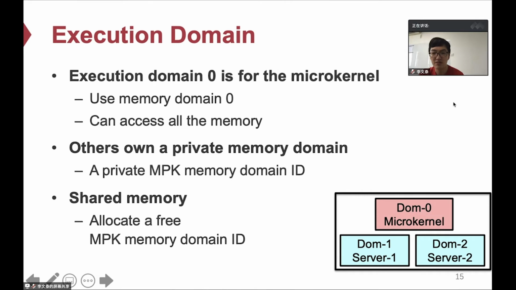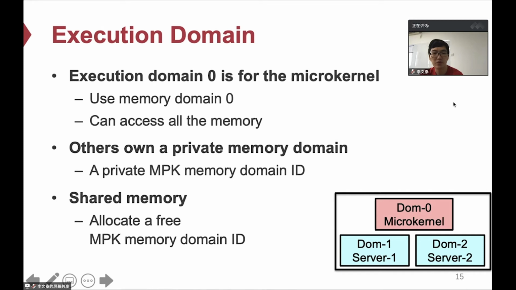A system server exclusively running in one execution domain stores its data, stack, and heap regions in its private memory domain, which cannot be accessed by other servers. UnderBridge ensures an execution domain can only access allowed memory domains by configuring its PKRU register. It also forbids the execution domain from modifying this register.